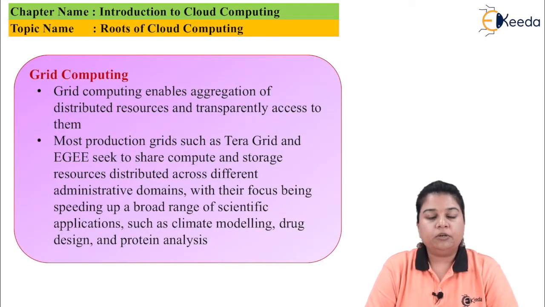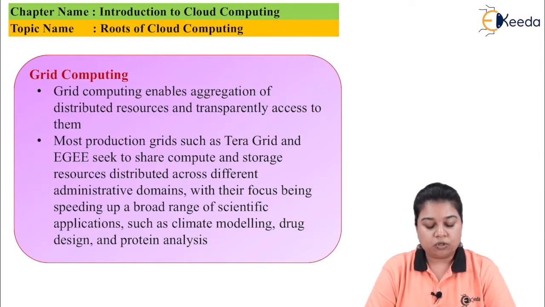The third point in the roots of cloud computing is grid computing. It is the third building block in the cloud computing innovation, or we can say the cloud computing commencing. Grid computing enables aggregation of distributed resources and transparent access to them.